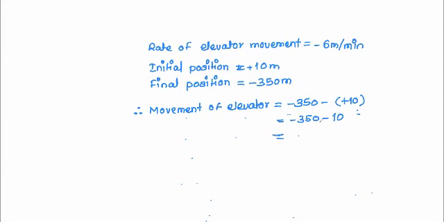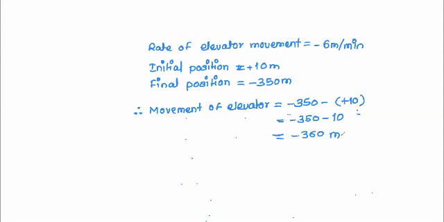Minus minus means the operation is going to be addition. So 350 plus 10 is 360, and the sign of the greater number, in this case sign of 350, which is minus, so minus 360 meters. So total movement of elevator is minus 360 meters, means it has gone down by 360 meters.